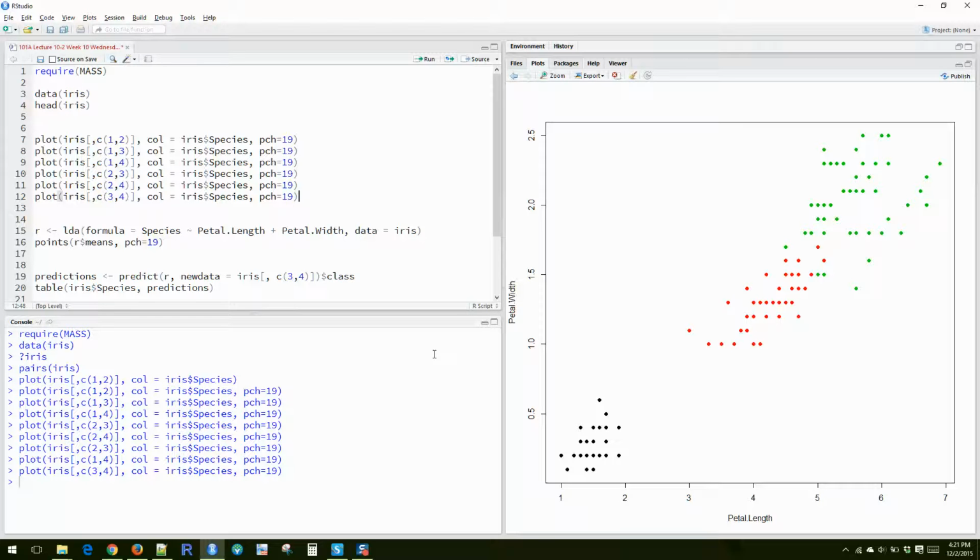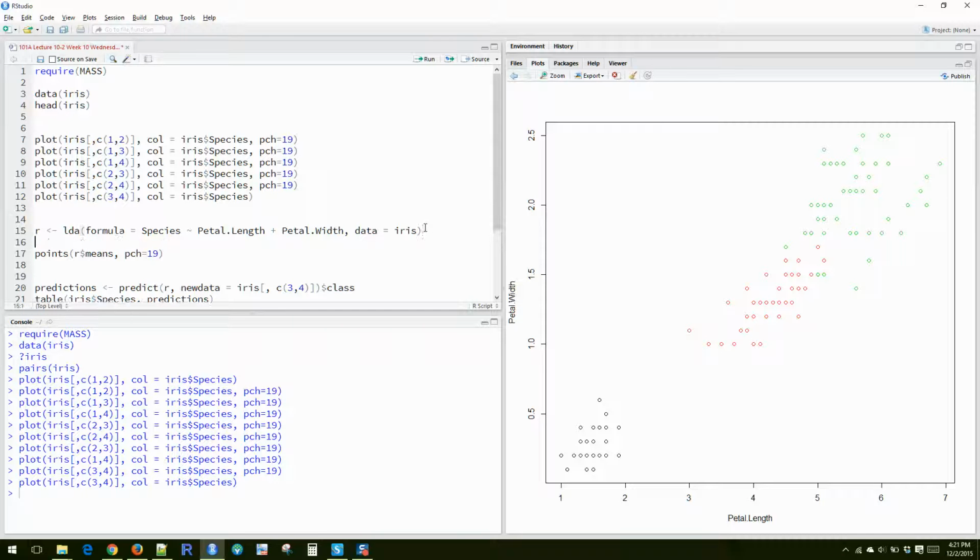Okay. So actually, let me go back and we'll take off the filling in. Okay. So the way I'm going to do this is I'm just using the third and fourth columns, which will be petal length and petal width, and we're going to do a linear discriminant analysis with just these two variables. Okay.